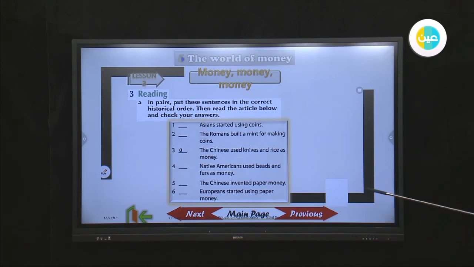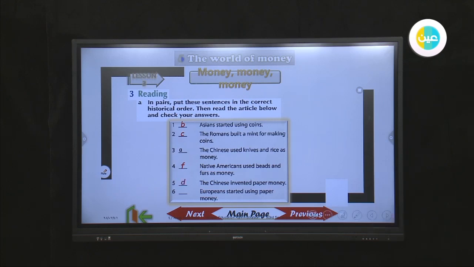Now, when we want to say which one is the first one, it is: the Chinese used knives and rice as money. This is for the first sentence. The second one will be: Asians started using coins. Then the Romans built a mint for making coins. Native Americans used beads and furs as money.